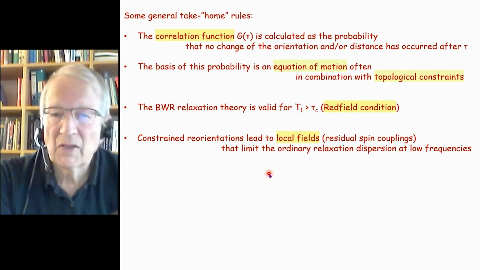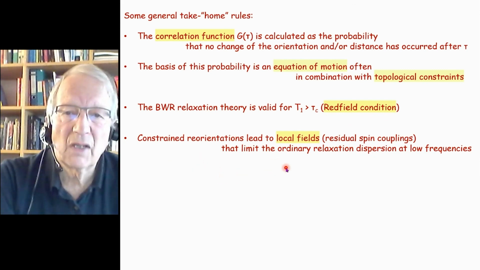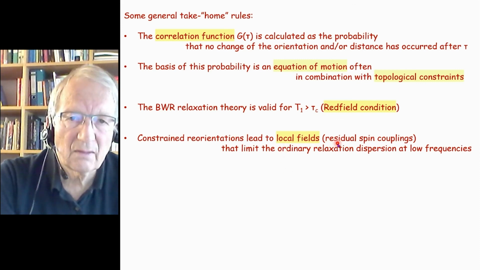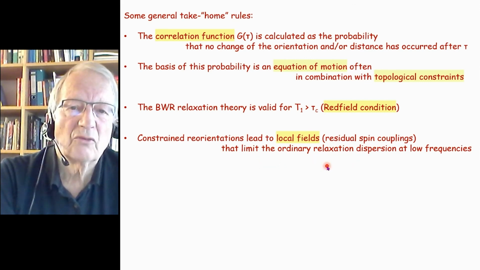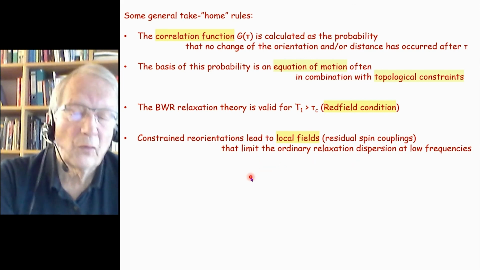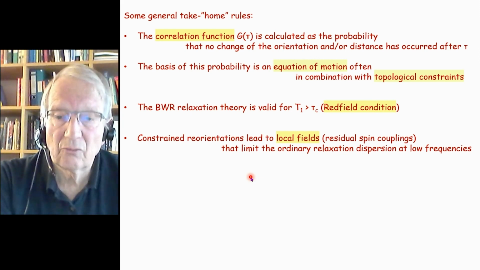Constrained reorientation, as we have seen here in several cases, leads to local fields, residual spin couplings, and these fields limit the ordinary relaxation dispersion at low frequencies. This can be relevant in the usual frequency range.